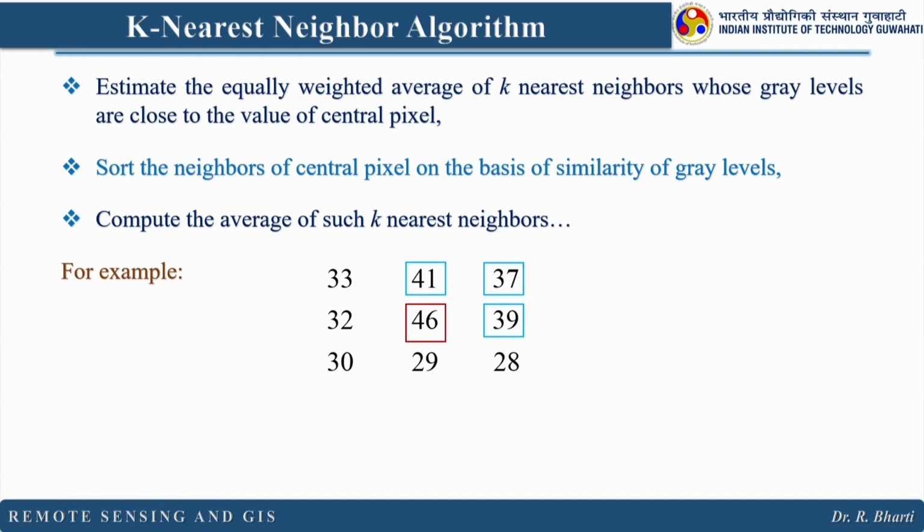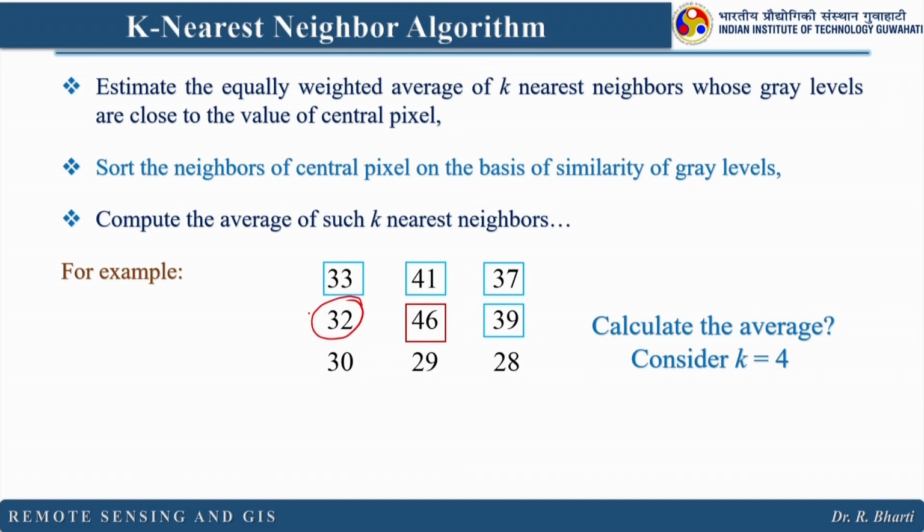The values which are close to the central pixel value are these 4, right, and why only 4? Because your K size is 4. If you increase K to 5, then you can again identify the next closest value. So probably this one, right.